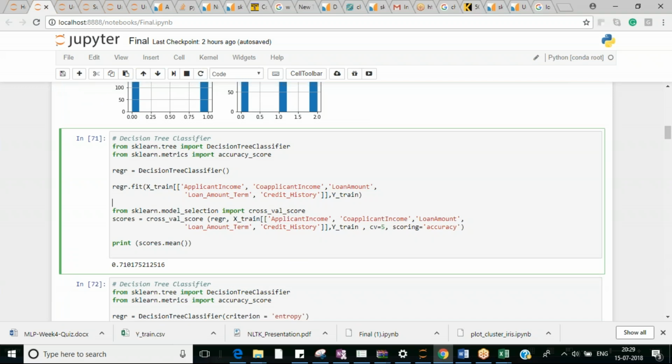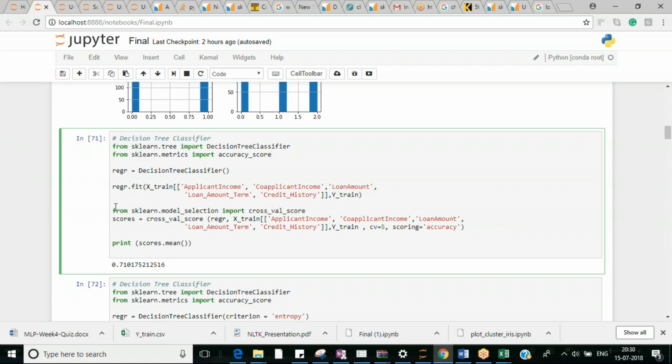Then what we do is start with a decision tree classifier. We import the accuracy score, and here we store our model. Then we use the numerical variables, so applicant income, co-applicant income, loan amount term, credit history, and start to form a model.